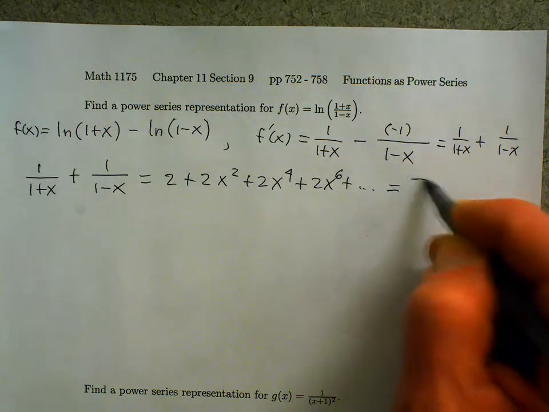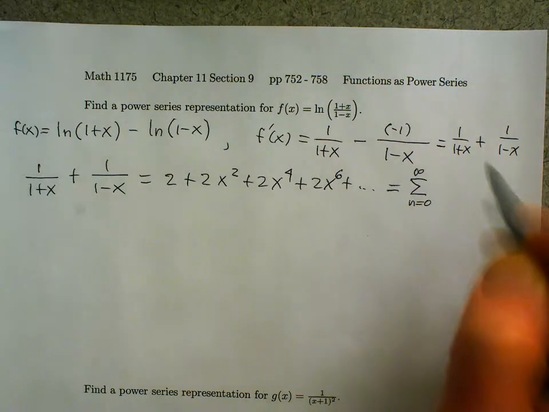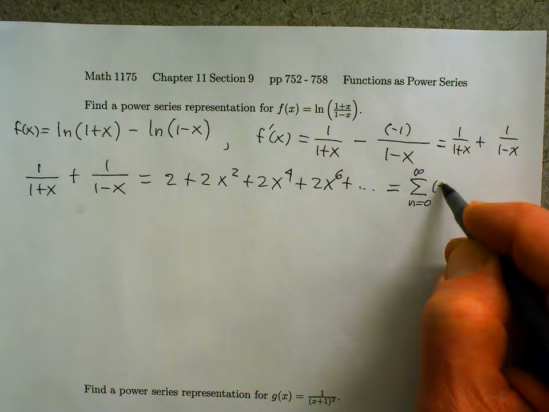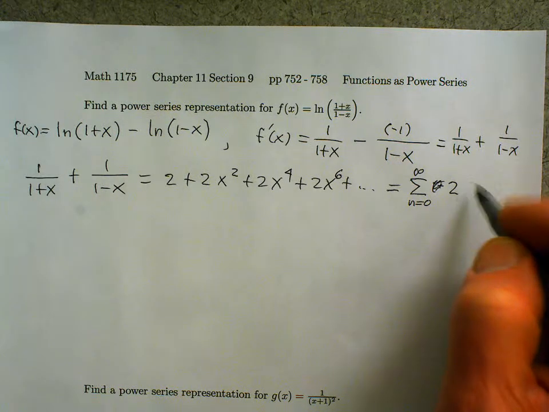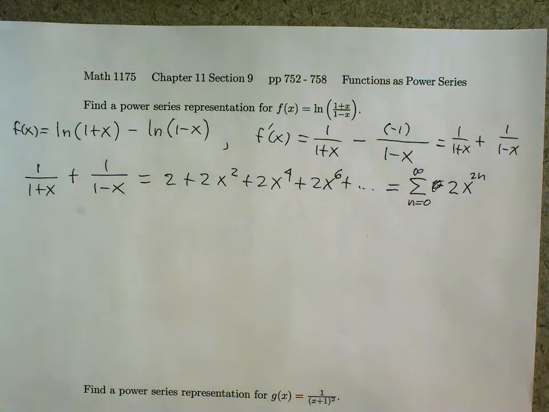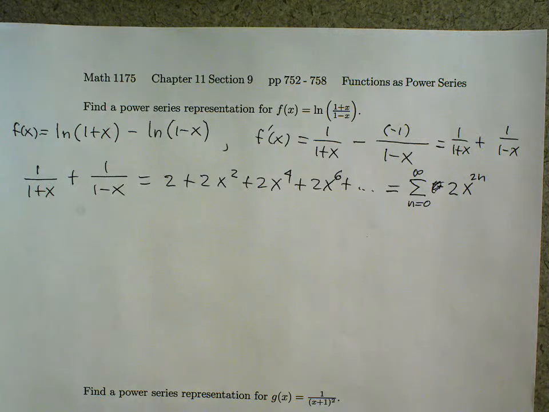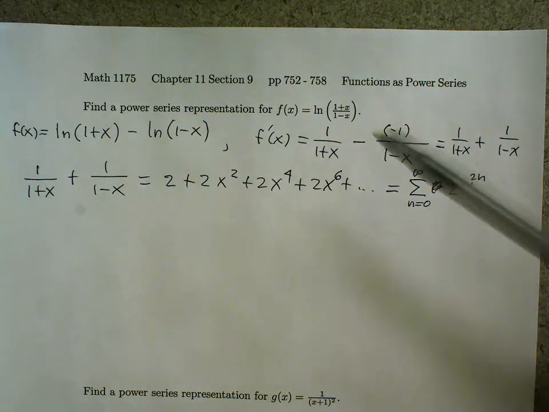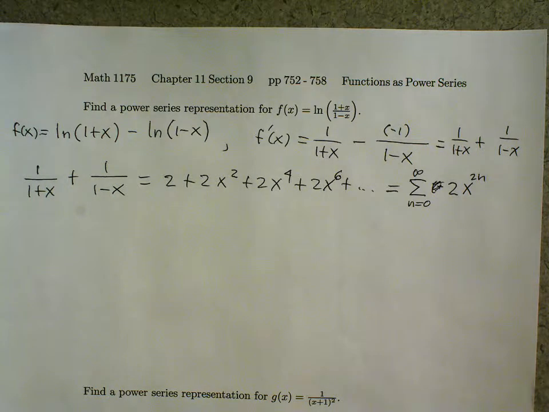So in sigma notation, it's 2 times x to the 2n. Okay, so how do we use this to find the power series representation for the natural log of 1 plus x over 1 minus x?